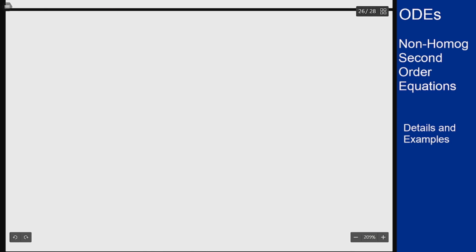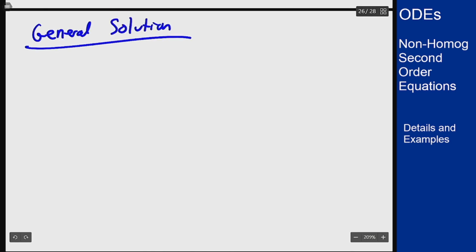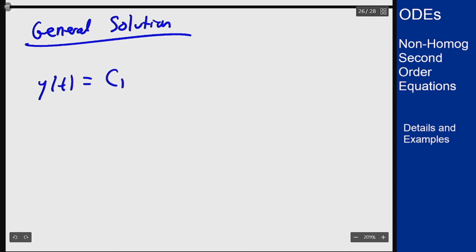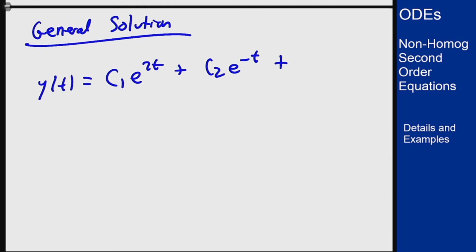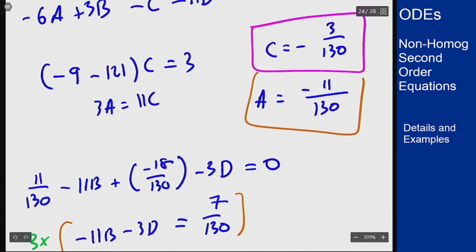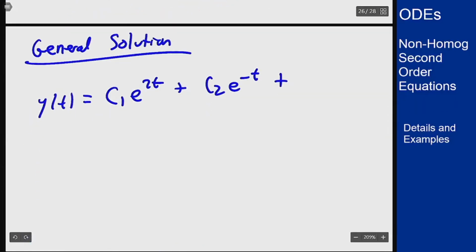So for my general solution, y of t is the homogeneous part, just c1 e to the 2t plus c2 e to the minus t, and then plus the non-homogeneous part, which will be at cosine 3t. A here was negative 11 over 130.